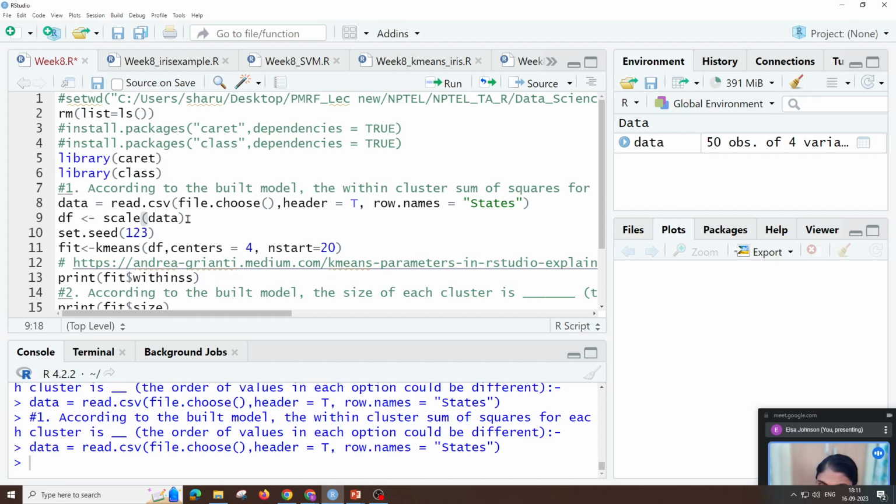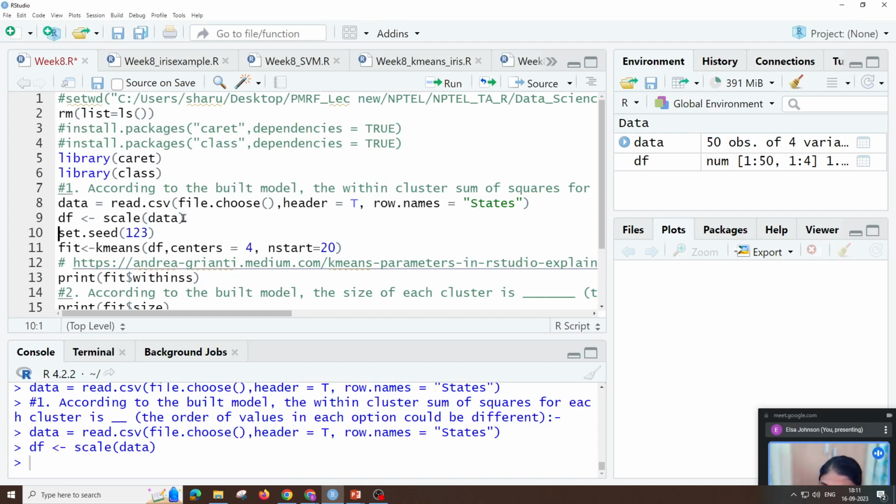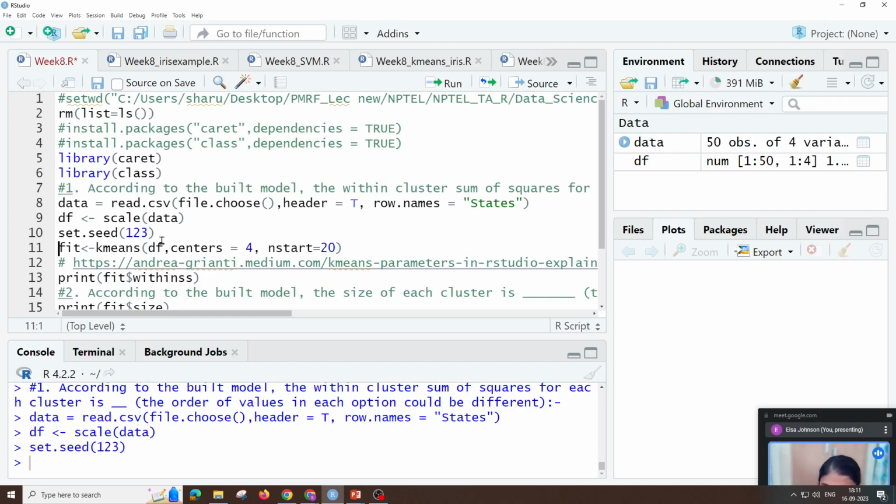So df equal to scale of data. Then I'm setting the seed so that it will be reproducible the next time also. Now we are using k-means clustering and the data is df. Then the number of clusters we are giving as 4 and n start equal to 20.